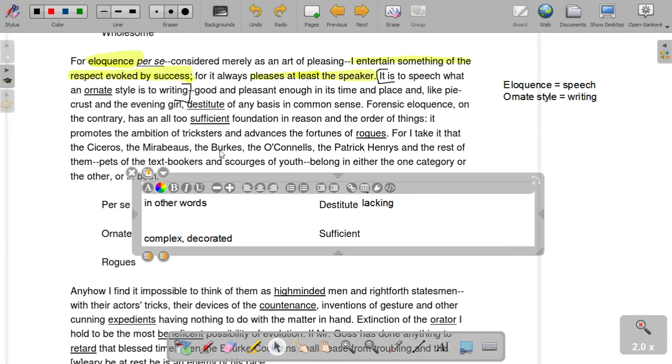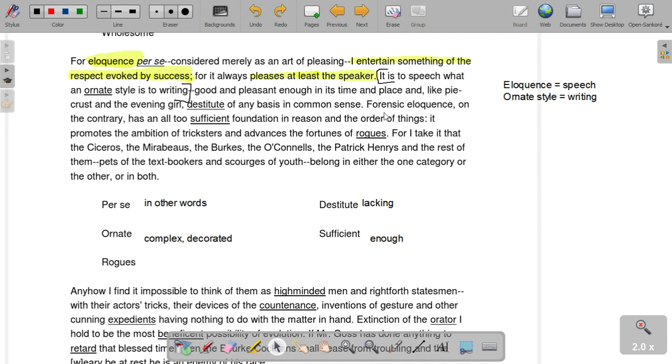What do you think sufficient means? Yeah, exactly. So the reason we know that, even if you didn't know what the word sufficient meant, you could easily tell it because it's comparing it with destitute. This is destitute of common sense. This has sufficient foundation in common sense, basically.